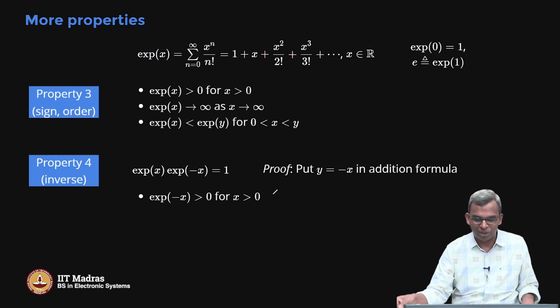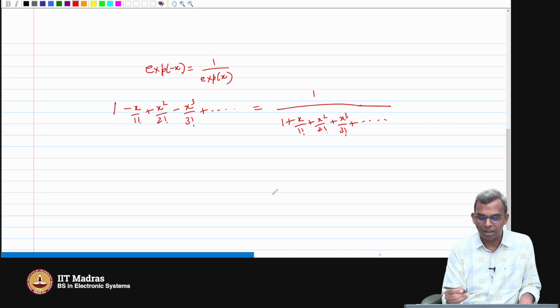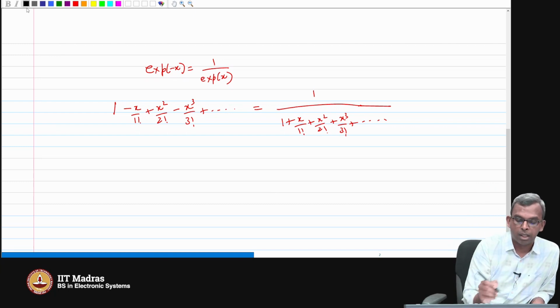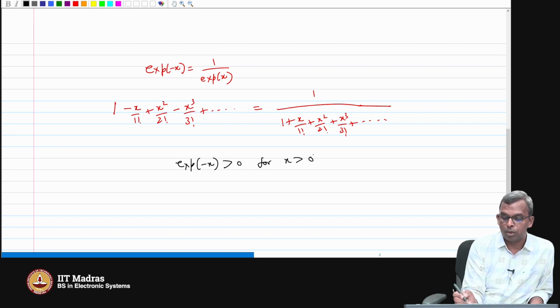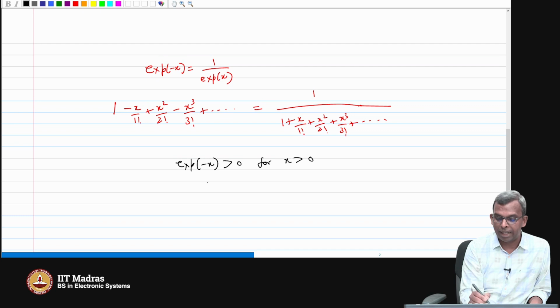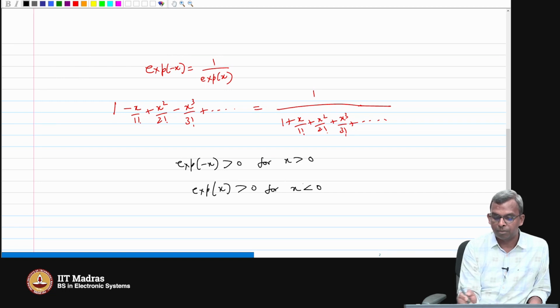So another way to interpret this: exp of minus x is greater than 0 for x greater than 0. What does that mean? If x were to be negative, it's the same as saying exp of x is greater than 0 for x less than 0. I'm replacing x with minus x here.